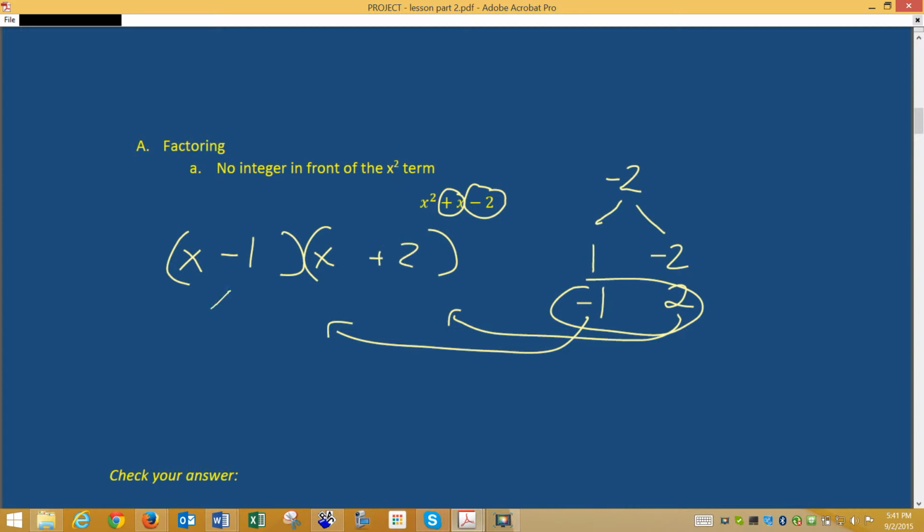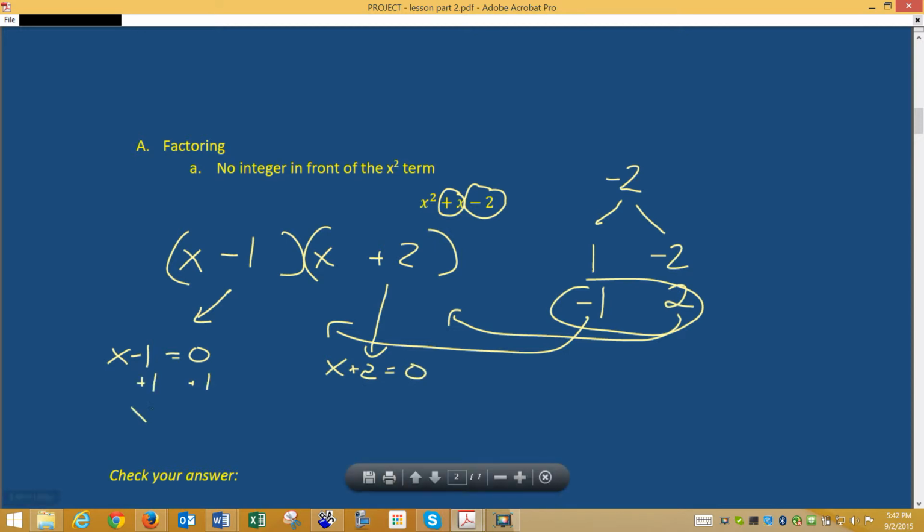And now we set each bracket equal to 0 to solve for x. So we're going to add 1 to each side. That is x equals 1. And this one we subtract 2 from each side, x equals -2. So our answer is x equals 1, -2.